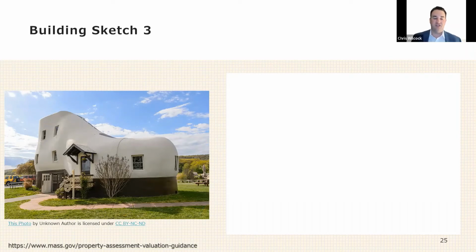This is kind of an extreme example, but yes, you should have something in your system that defines what's finished, what's not, the story height, and you might have a building style that's very unique. But yeah, shame on me for taxing the old lady in the shoe, but everything in Massachusetts is taxable. And even if it was tax exempt, we still would list it and sketch it, but you might run into these types of properties.